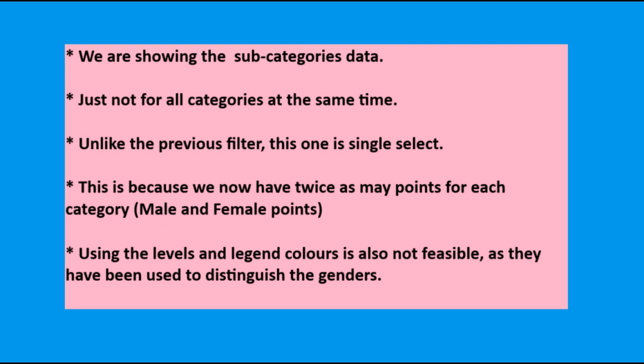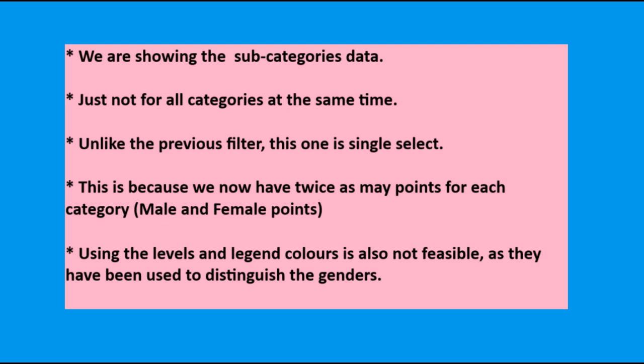The slicer up top, unlike the previous visual, is not multi-select, it's only single select. So we only get to see one category at a time, and we see on the number line all its subcategories, but for each of the subcategories we see two points, one male point and one female point.